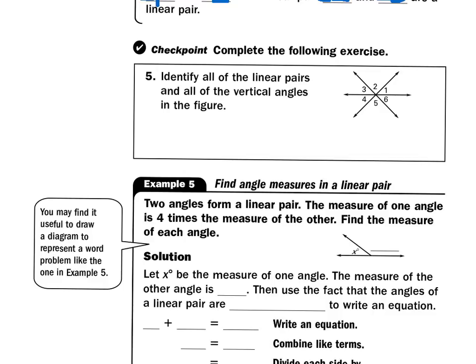So there are no linear pairs. Now, are there any X's in here? Are bird beaks kissing? Yes. There are 3 pairs of these. So make sure you find all 3 pairs. Alright, start the video again when you're through.